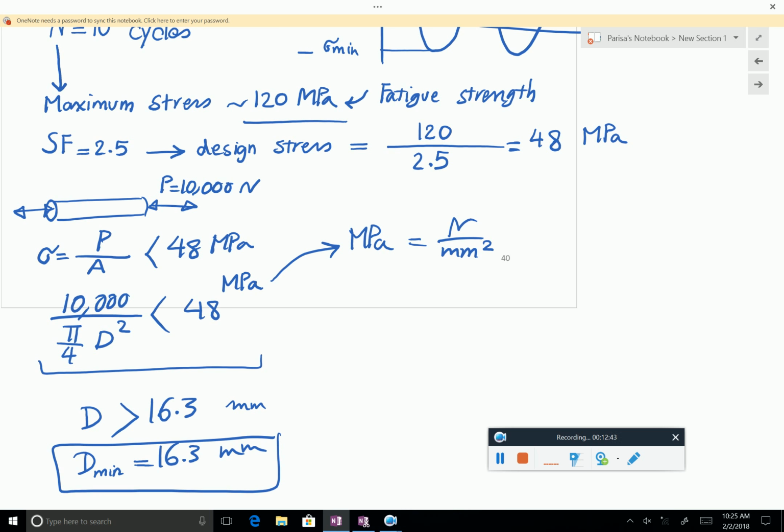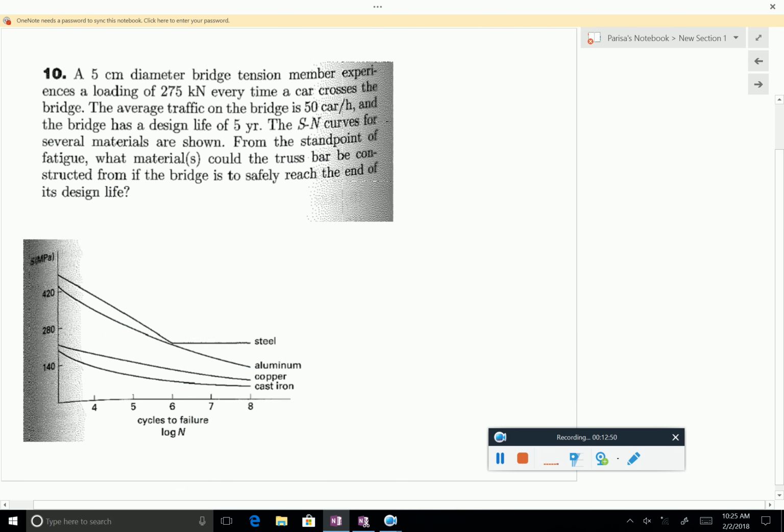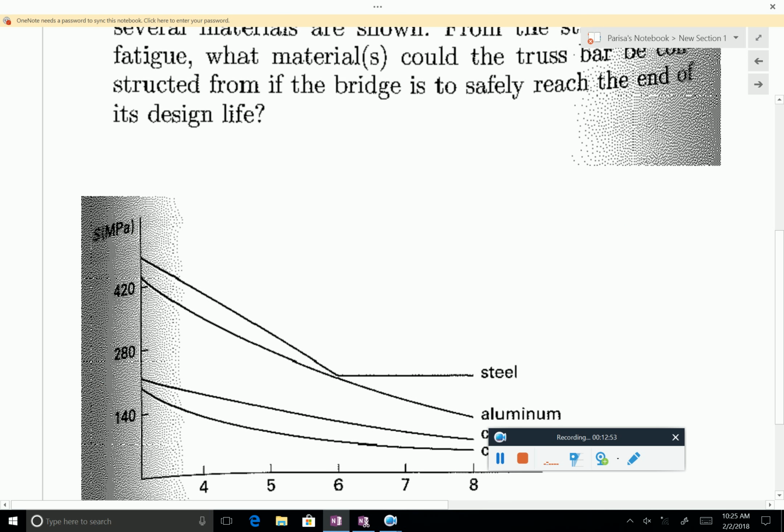So the graph is in megapascal. It's a stress in megapascal, if the shadow makes it a little hard to read. I'll be looking for 3 correct answers.